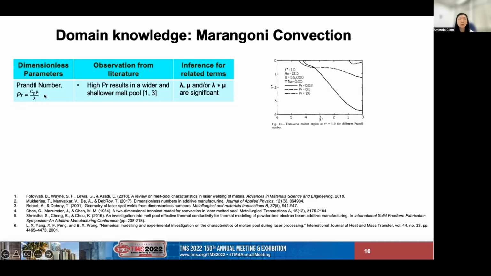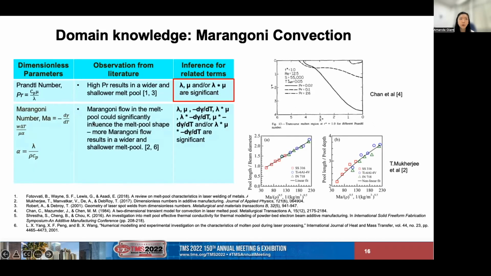Therefore we conclude that either the main effect of the thermal conductivity or the main effect of the viscosity, and all their interaction terms, are significant, and that is what produced such a significant influence on the melt pool depth when one of these variables was changed. So this is how we drew the inference for the input variables of interest that was reported in literature.